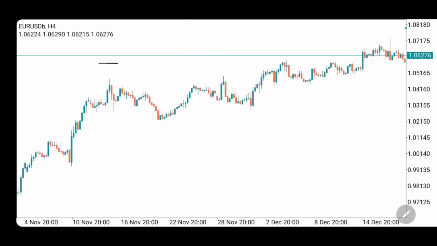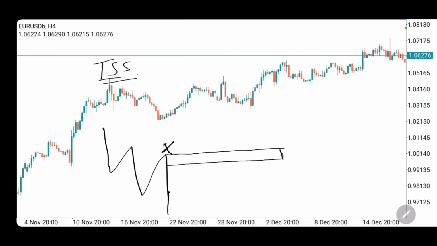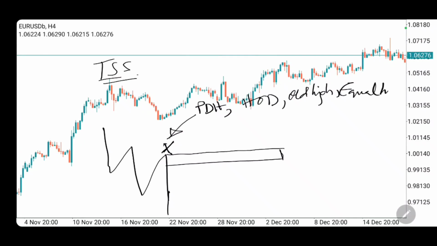For a turtle soup short, we have the market making higher highs and higher lows. I've explained this, but let us see how you now trade it. You have X. X here is your supply zone, the zone we are targeting, and this S could be your previous day's high, your high of the day, your old high, or equal highs.